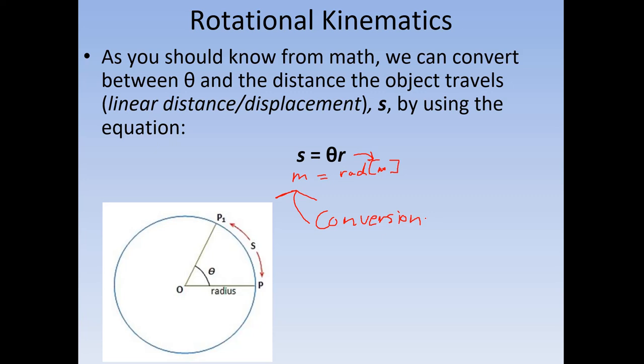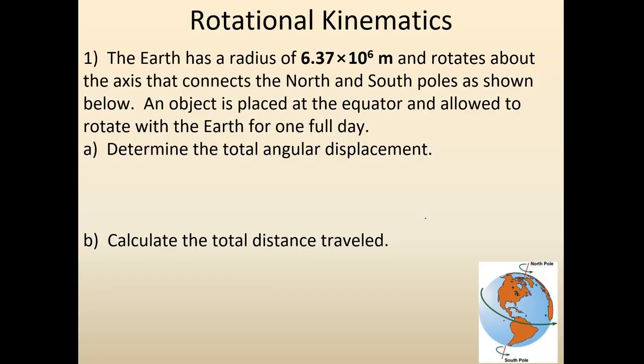So when you are given information in the linear sense, you have to know how to convert that to the angular form so that we can do our calculations. Or sometimes vice versa. If you're given information about it moving in an angular way, but you need linear values in order to actually solve the problem, then you need to be able to convert that way as well. So this is the conversion equation, essentially the way that we translate the linear measurements to angular and vice versa.